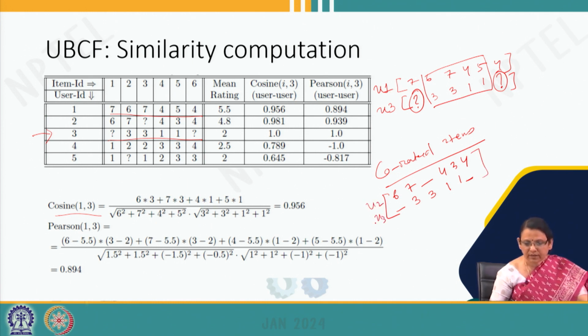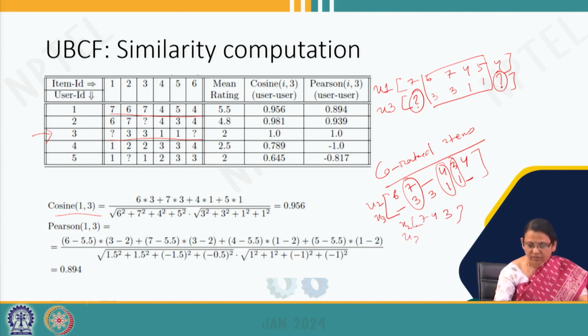What is the vector now for comparison? The values exist here, these are co-rated here as well as here. So, while comparing U2 and U3, U2 will be 7, 4, 3 and U3 will be 3, 1, 1.